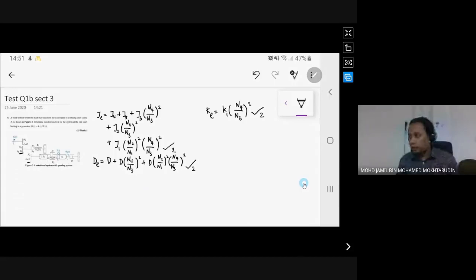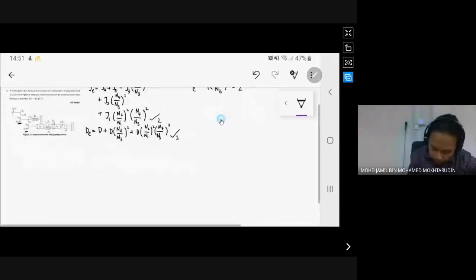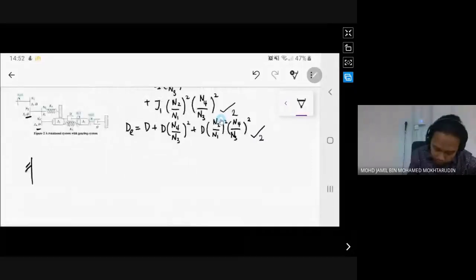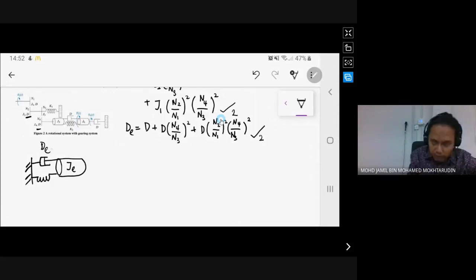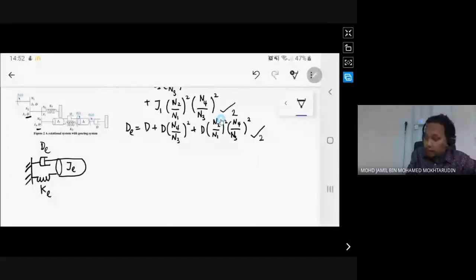All right, so after you calculate the effective impedance J, D, and K, then you can redraw the system to make sure you are not confused. Okay, so redraw. So here becomes a wall connected to damper and spring. So the damper here, the value is DE, the spring is KE, and your shaft becomes JE.